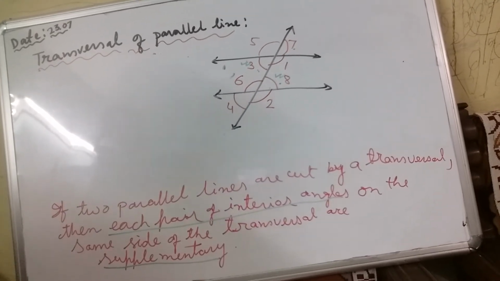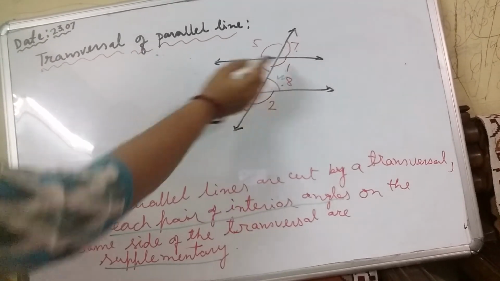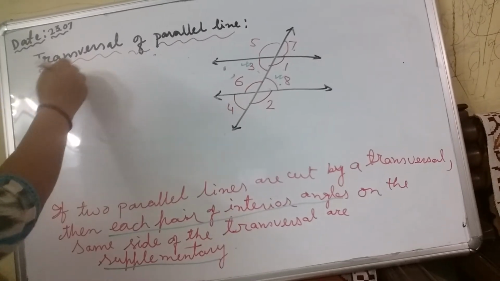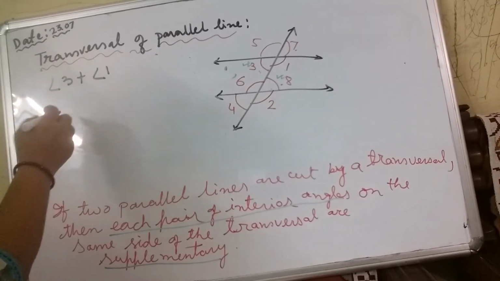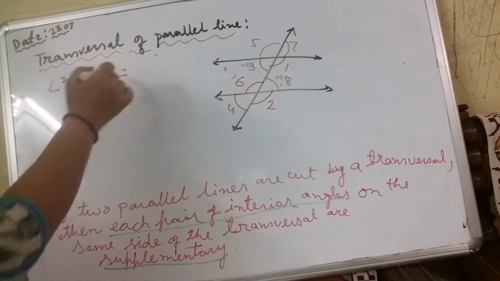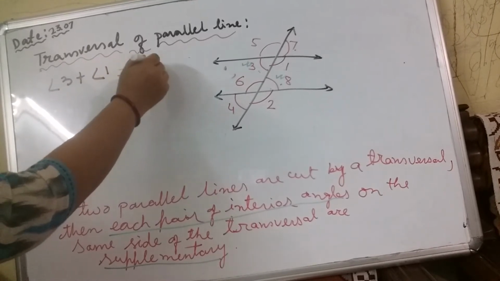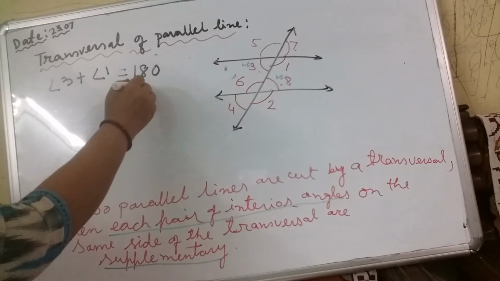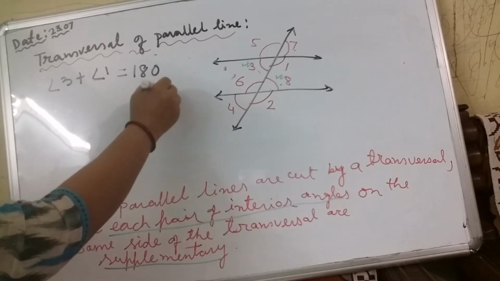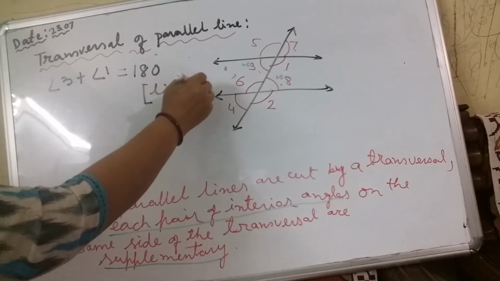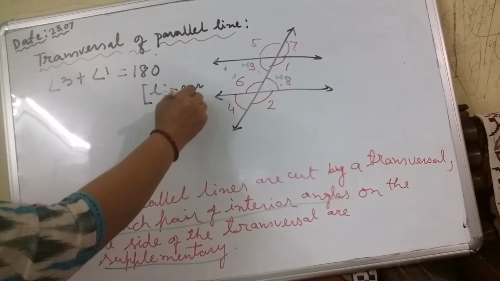Again, we can see that angle 3 plus angle 1 equals 180 degrees because they are a linear pair.